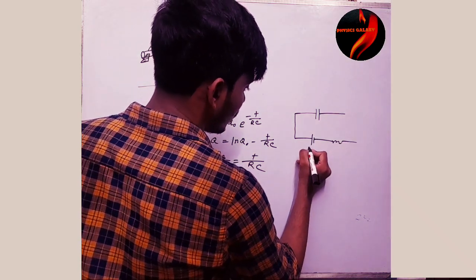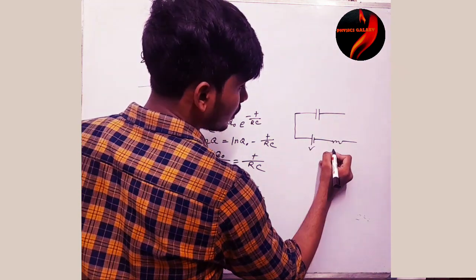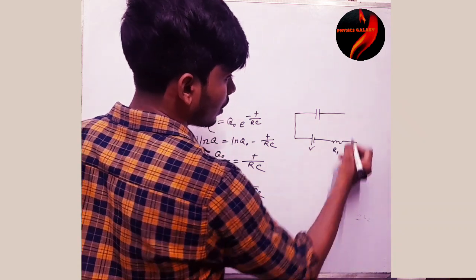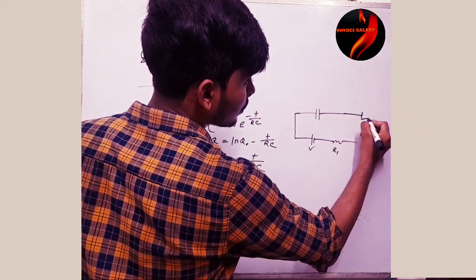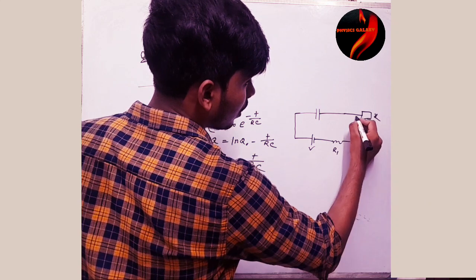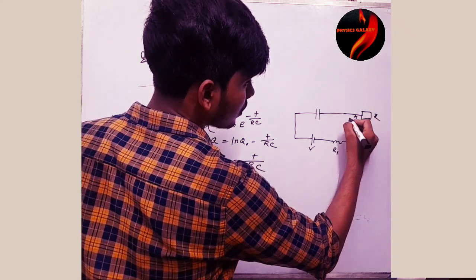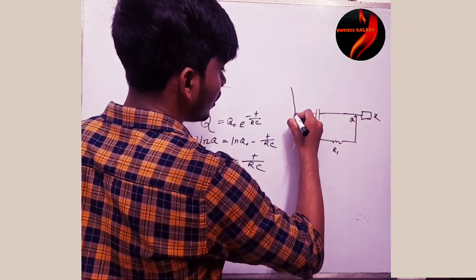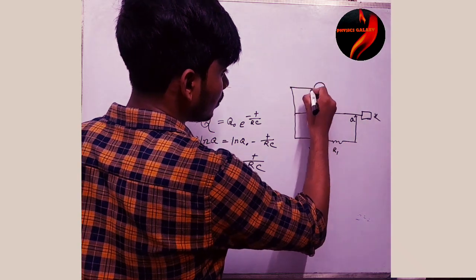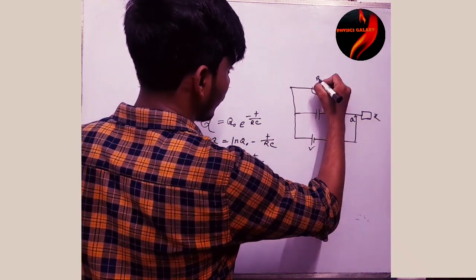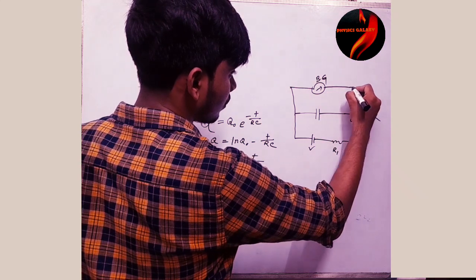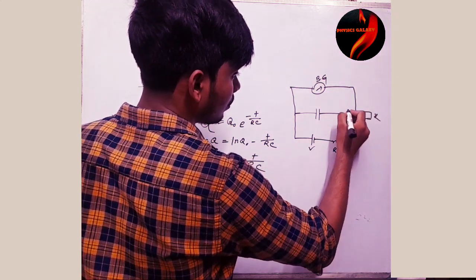Let's suppose its potential is V and its resistance is R1, and here we have some key K, and this is the terminal A, and here we have a ballistic galvanometer, and this is the terminal B.